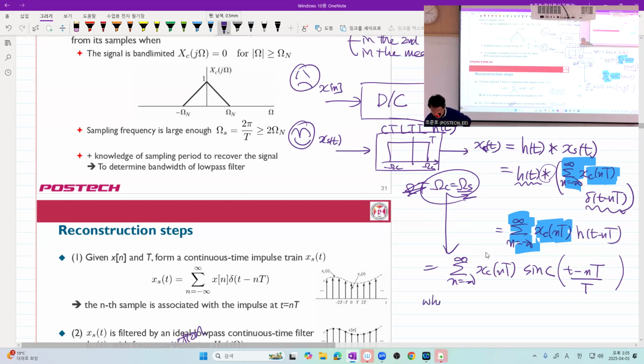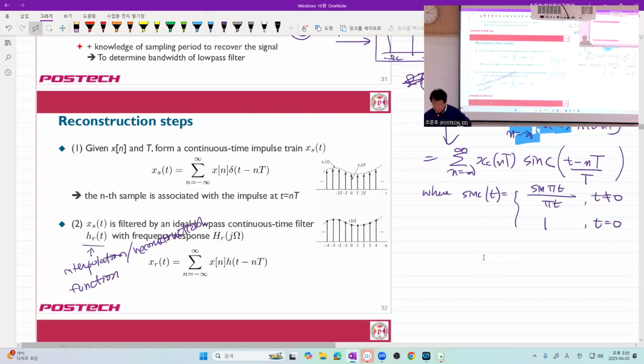Where sinc t is defined as sine pi t over pi t for t non-zero, and 1 for t equals 0. So sinc of t crosses the x-axis at every integer except the origin.